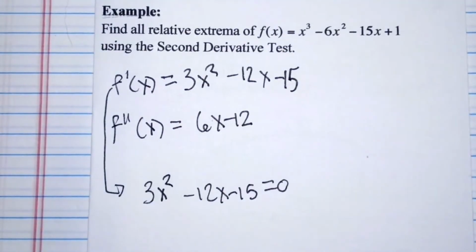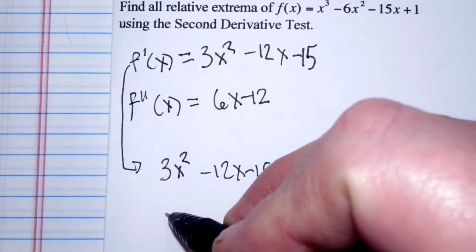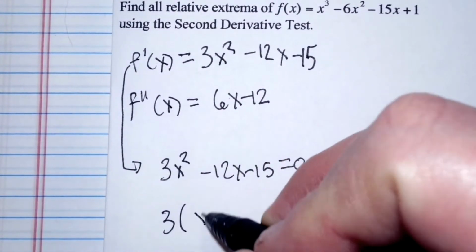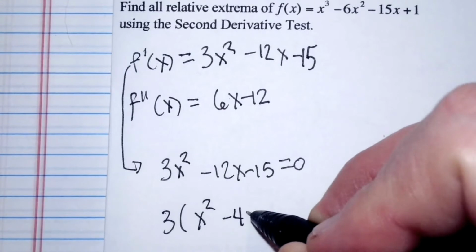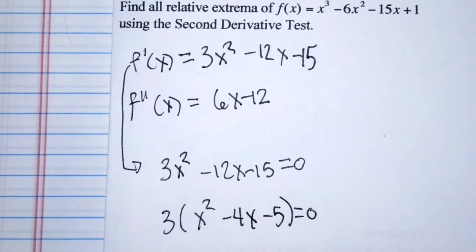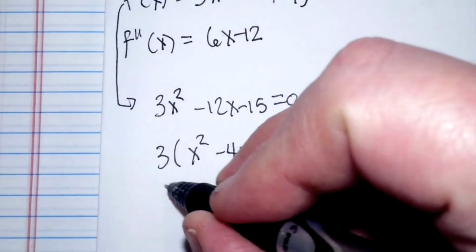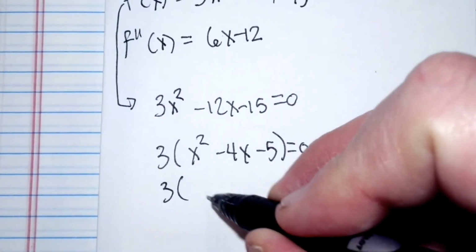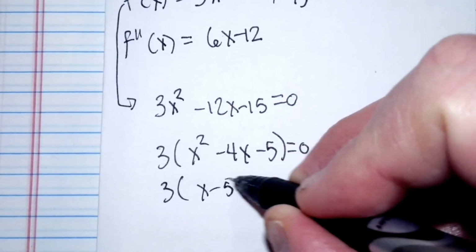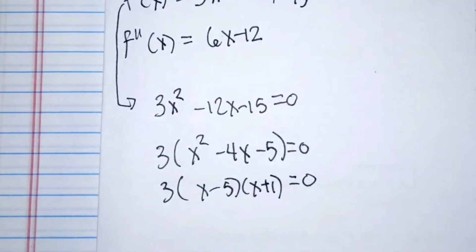Factoring seems like a good idea to me, so let's take out a common factor of 3. So the first derivative factors into 3 times x minus 5 times x plus 1.